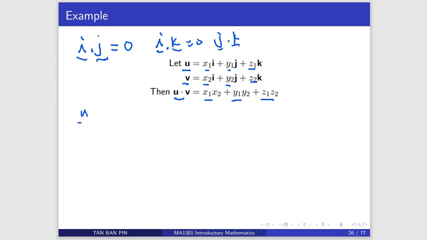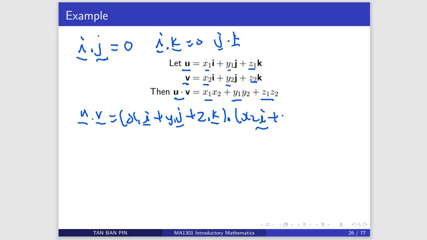So if you consider u dot v, then you'll be taking x1 i plus y1 j plus z1 k, dot with x2 i plus y2 j plus z2 k.